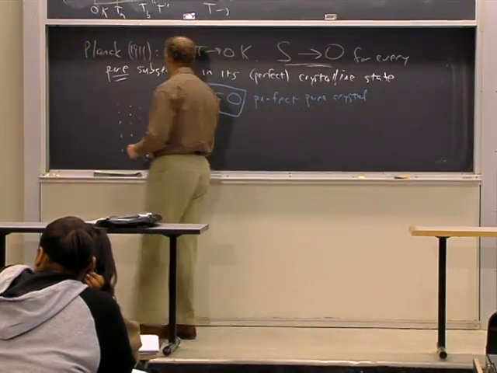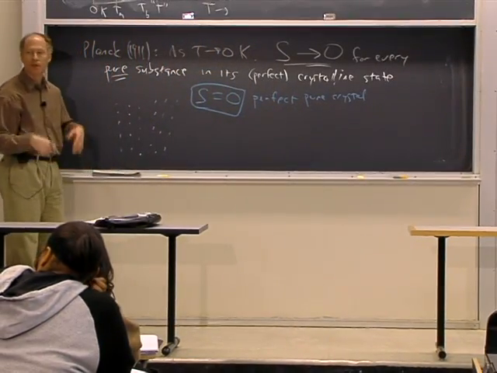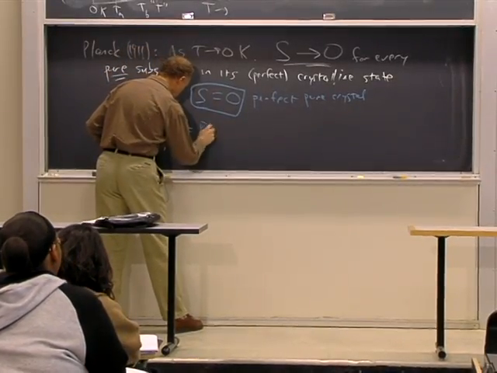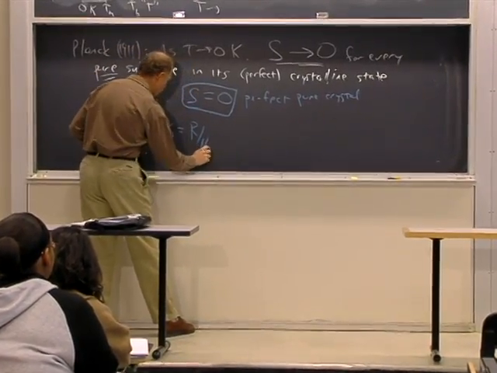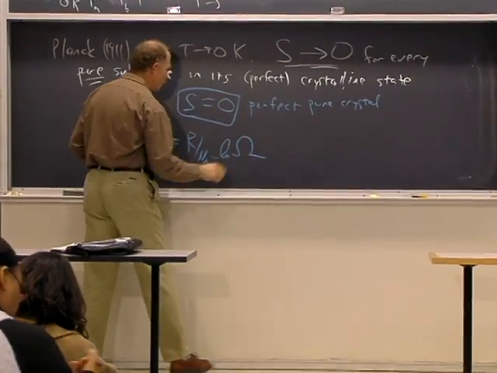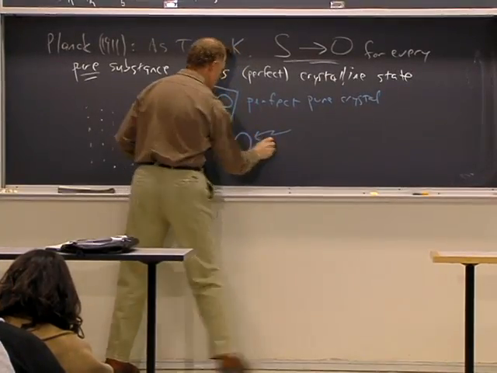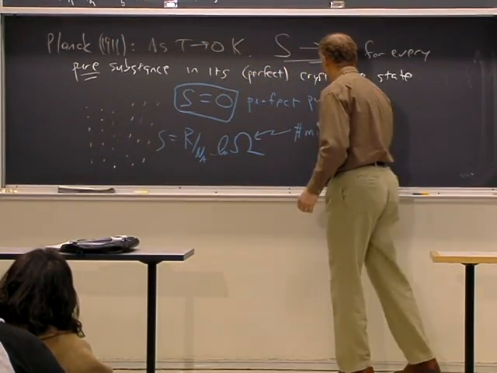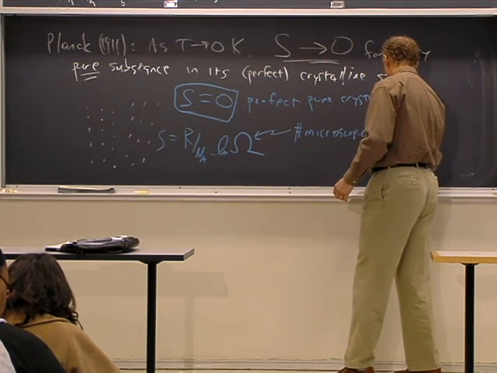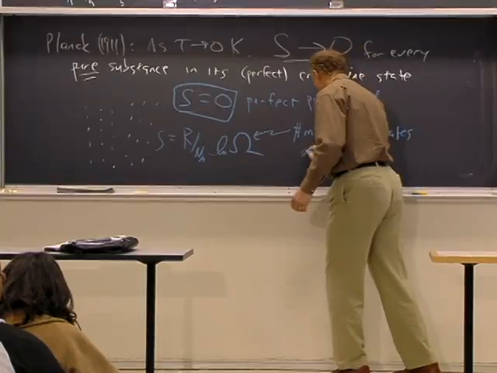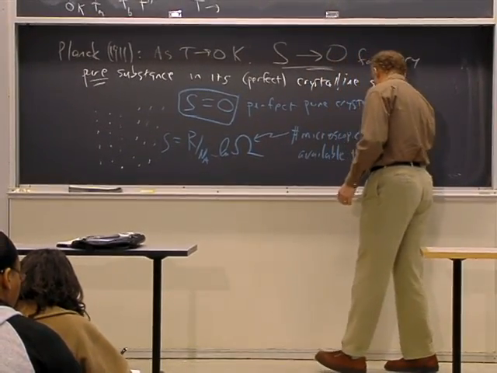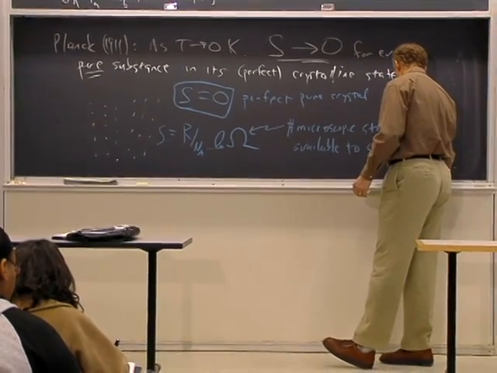But the general result I mentioned was that S was R over NA, Avogadro's number, times the logarithm of omega, the number of microscopic states available to the system that I'm considering.